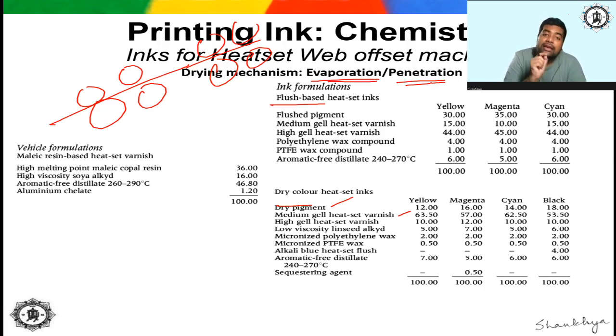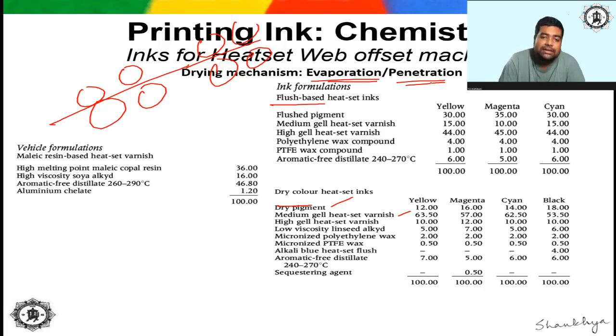That non-volatile solvent, again I am repeating, will evaporate from the ink when you make the printed web pass through heating rollers. As soon as the solvent evaporates, you will be left with the solid components, that is the resin and the colorant. So they will coalesce, and any residual amount of solvent or distillate that may be present can penetrate within the paper itself. Okay, so this is how heat-set web offset operates.